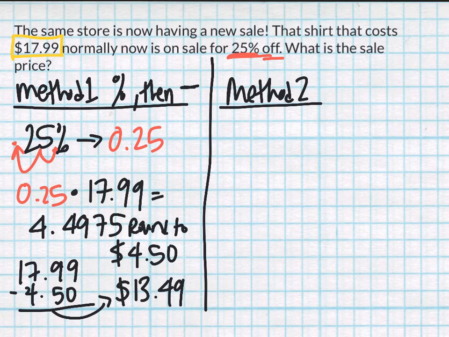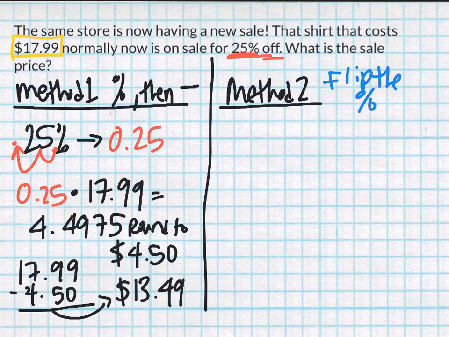So there's 2 ways to think about problems like this. I'm taking 25% off. The flip side of that is, well, if you're taking 25% off, you're actually paying 75% of the original price. So this is the flip the percent method.